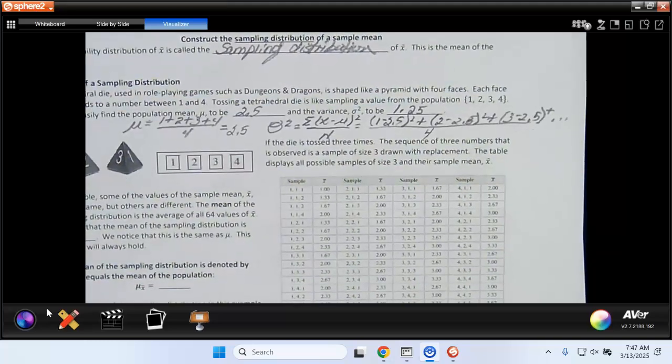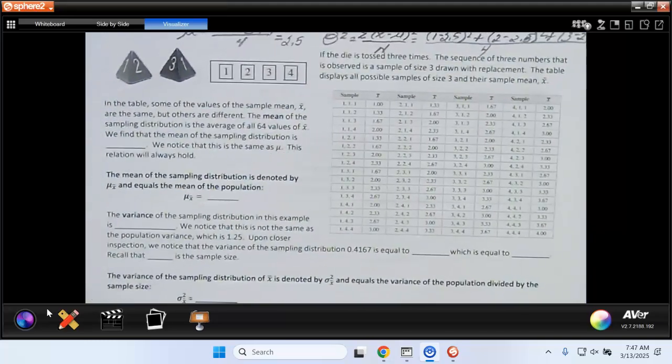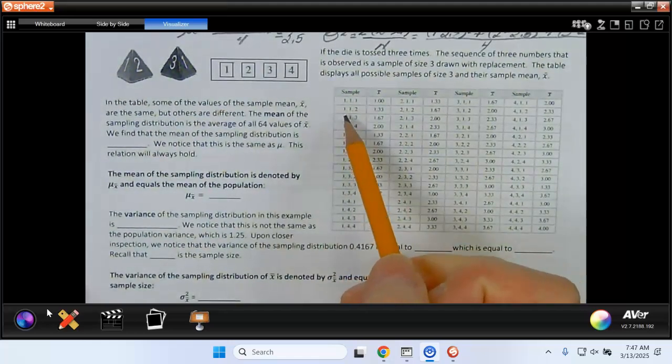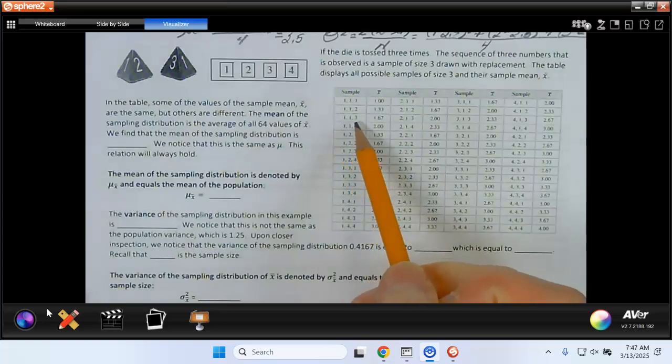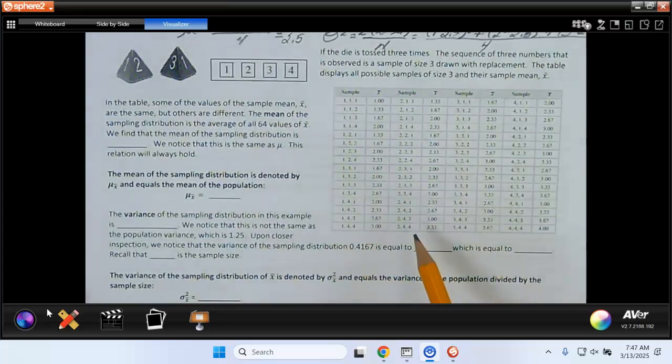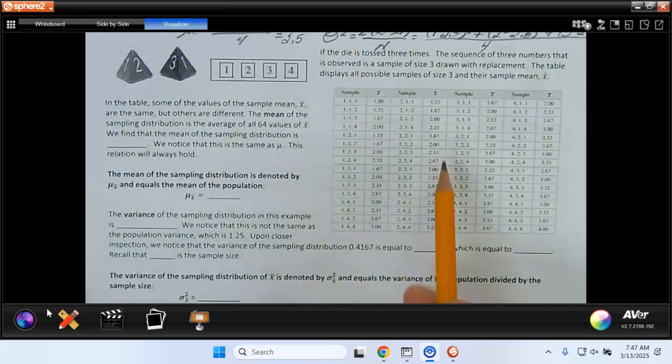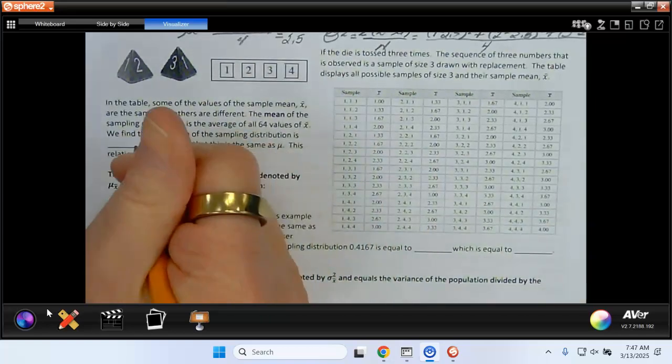Okay, so if you were to roll the dice 3 times, you could get 1, 1, 1, you could get 1, 1, 2, 1, 1, 3, 1, 1, 4. These are all of your possible outcomes of rolling the dice 3 times. The average of all of these possible outcomes is 2.5.